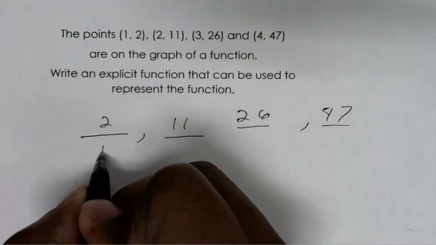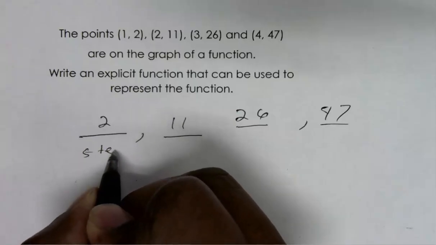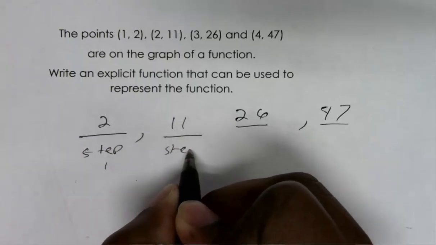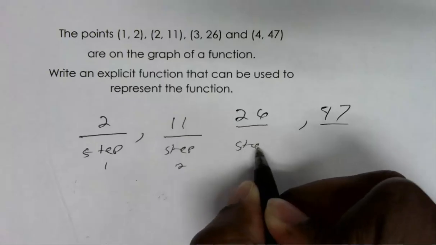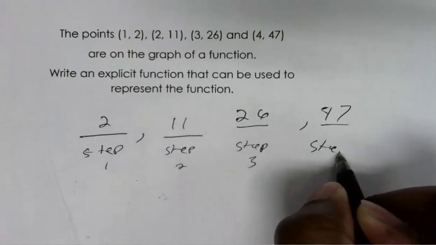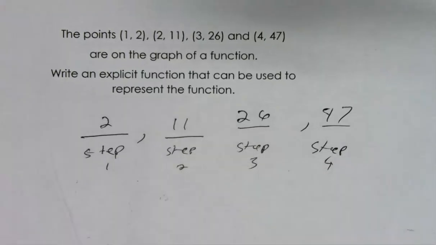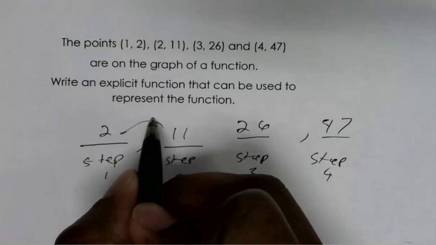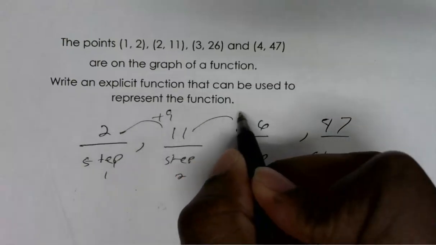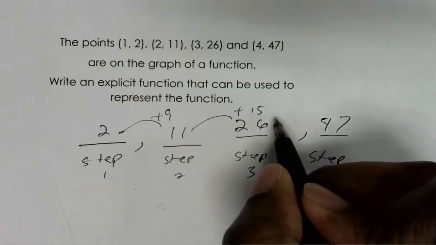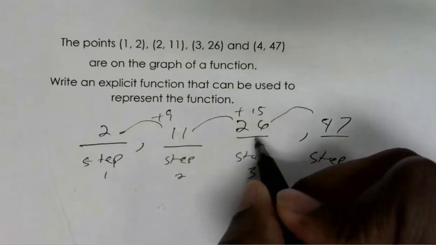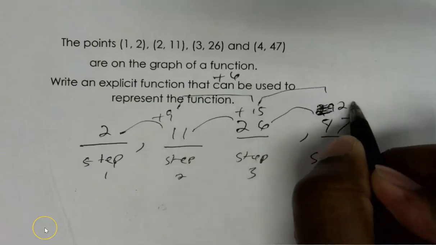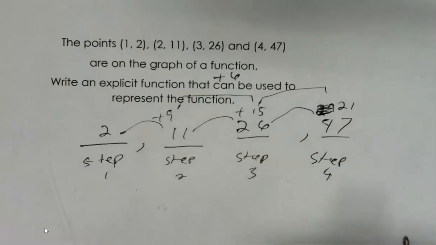This is at step 1, step 2, step 3, and step 4, or stage 1, stage 2, stage 3, stage 4. If we compare that, this is up 9, this is up 15, and this is up 21. 47 take away 26 is up 21.